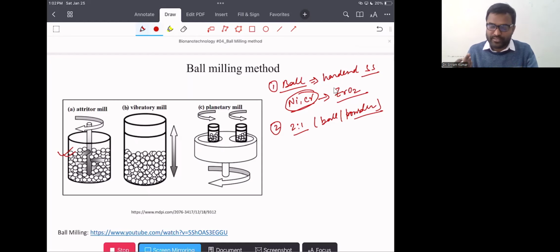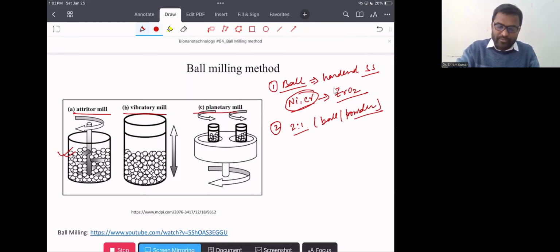so that you have efficient formation of the nanomaterial size. In ball milling methods, we have three kinds of mill: the attritor mill, second the vibratory mill, and third the planetary mill. These techniques differ by how you use your system.